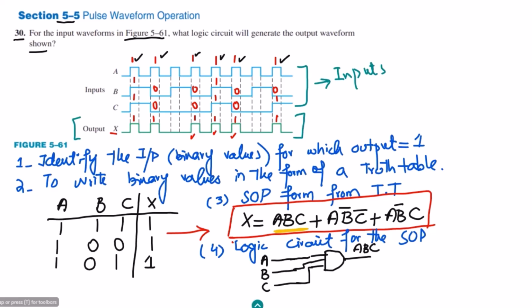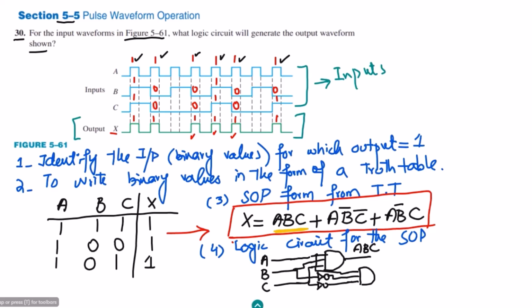For the second one, this will be A B prime C prime. So the second circuit here we will have, with the first input here, the second one complemented, and the third one here.